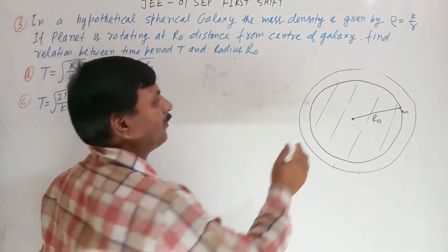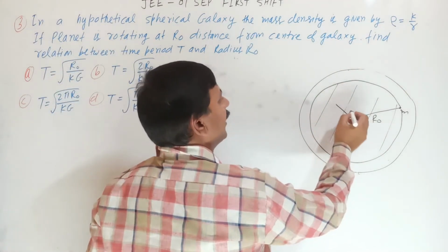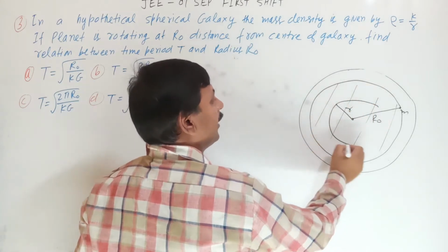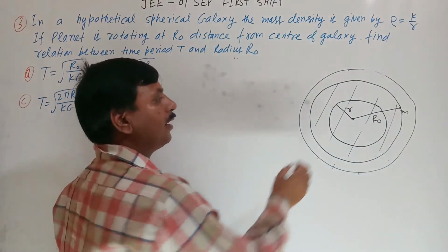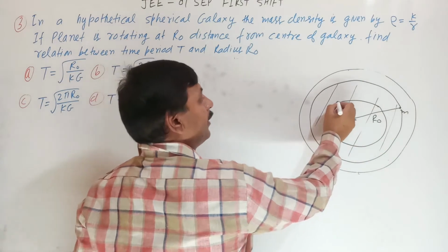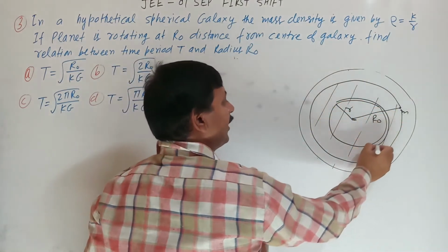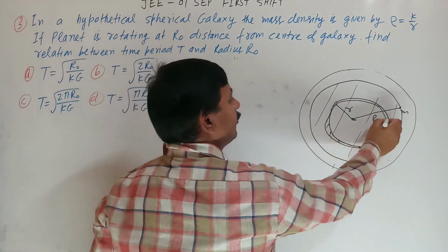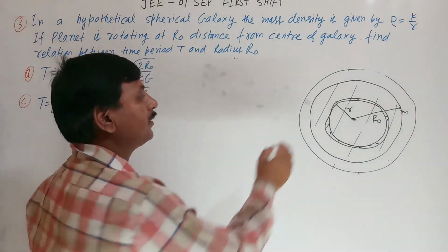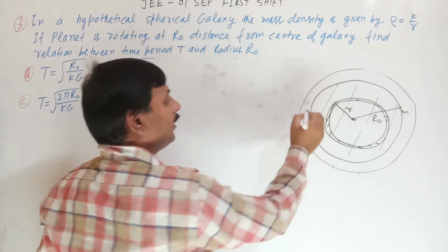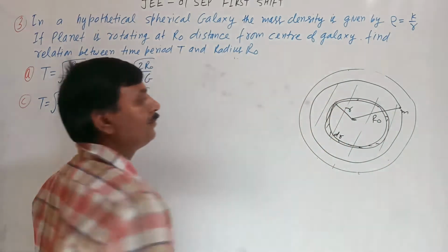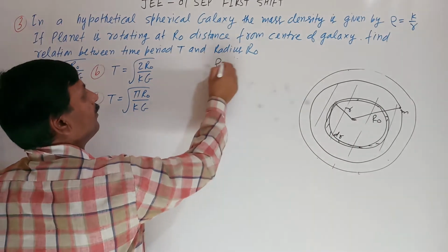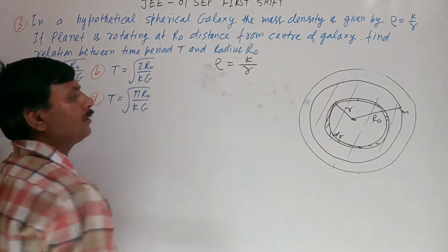So see, for finding the mass, we have taken r distance, a spherical shell whose width is dr. So what will be the volume of this dr element of a sphere? Density they have given, rho is equal to k upon r.